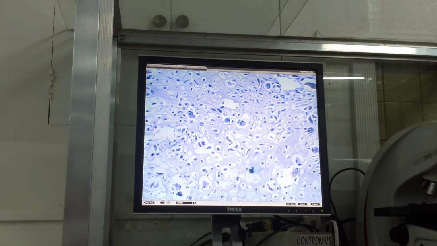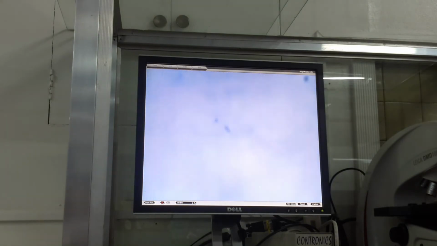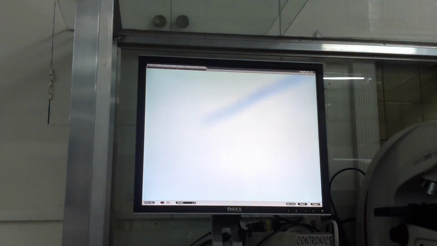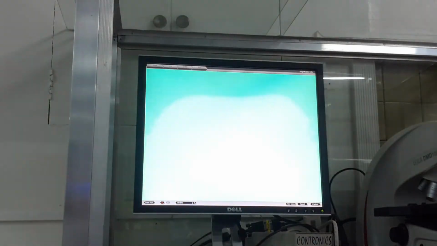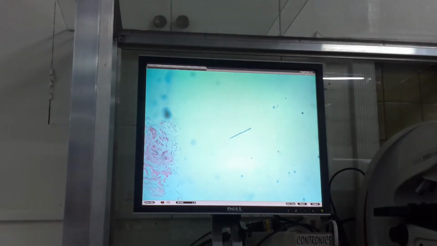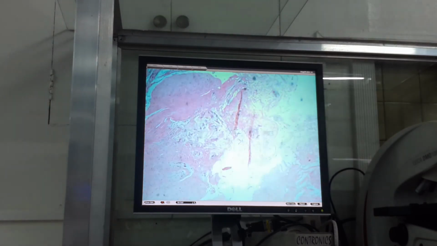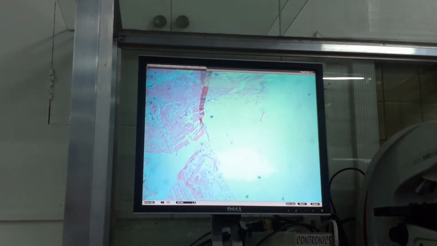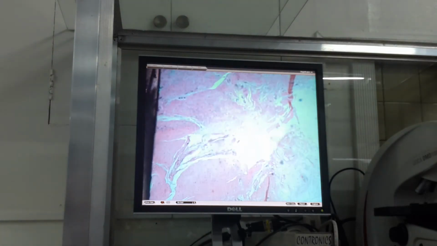This is slide number 85. Next, you have slide number 80. Slide number 80, and the tumor is right over. Where's the tumor?